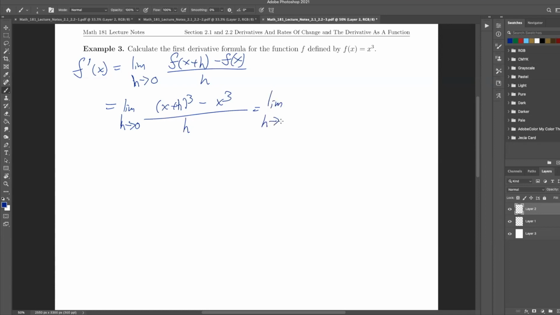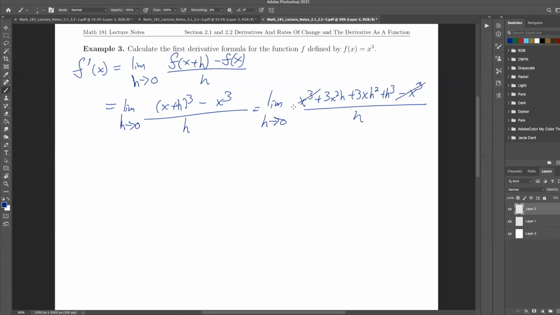In order to do this, we just expand this out. You should know this from binomial expansion: this is x cubed plus 3x squared h plus 3x h squared plus h cubed, minus x cubed, all over h. And this is just how to expand a binomial. If not, you can always just type it in.